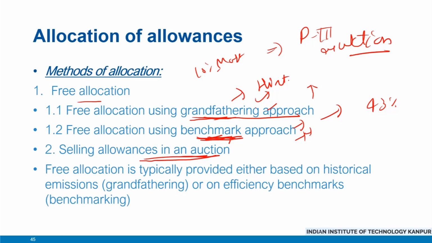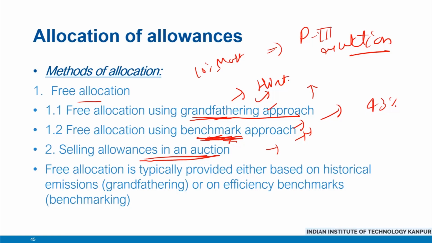In this way, installations that are highly efficient should receive all or almost all of the allowances they need to comply with the EU ETS obligations. Inefficient installations would have to make a greater effort to cover their emissions with allowances, either by reducing their emissions or purchasing more allowances.